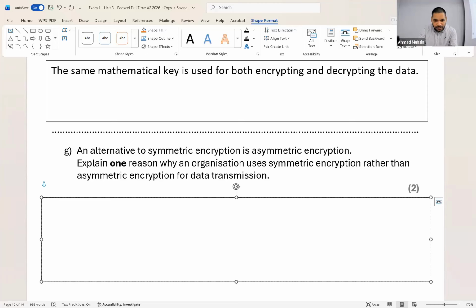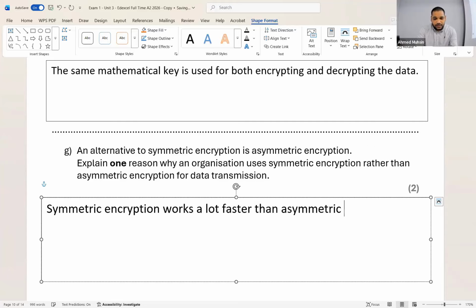You can say symmetric encryption works a lot faster than asymmetric.